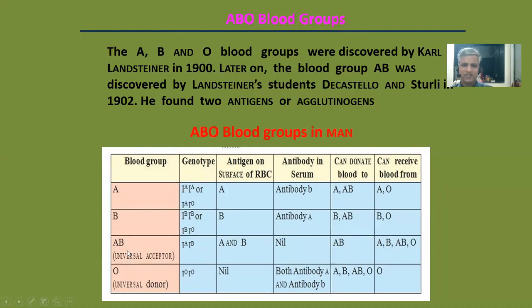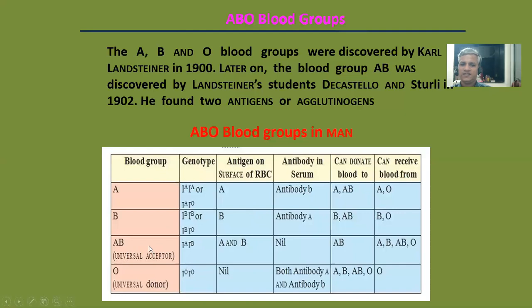The persons or individuals having the blood group AB show both antigens on the surface of RBCs, that is antigen A and antigen B, but there is absence of antibodies in the plasma. Means there are no antibodies.